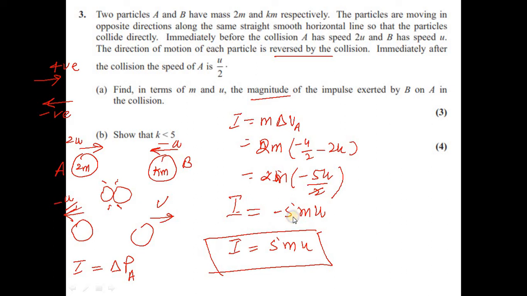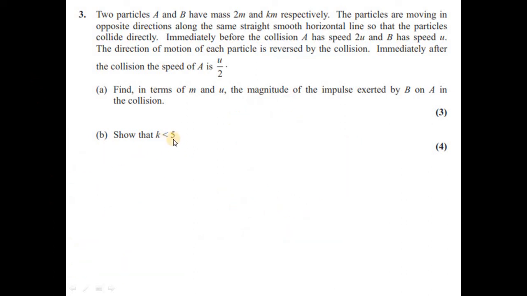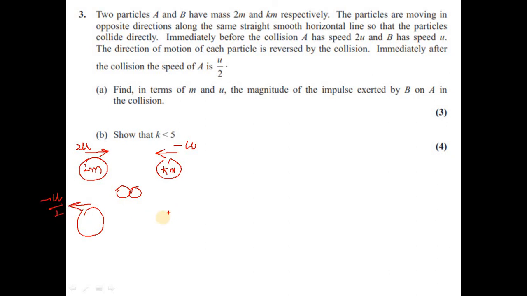Part B: show that k is less than 5. Again we need to apply the law of conservation of momentum. This is the situation: particle A moving right with velocity 2u, particle B leftward with velocity minus u. The mass of A is 2m and the mass of B is km. We have a collision, the directions of both particles are reversed, so A has minus u/2 and B has v.